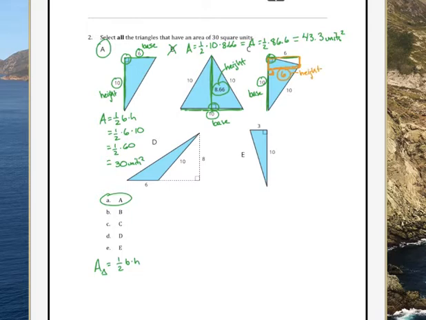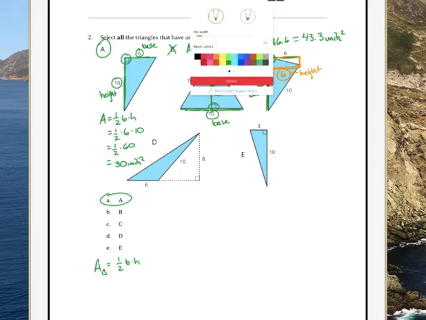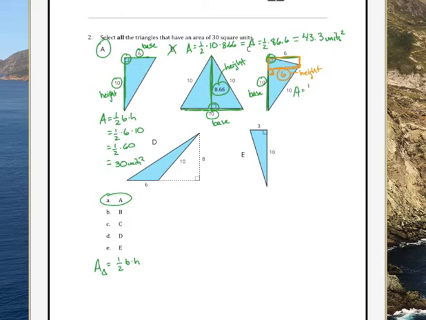Kind of crazy. This one's a hard one. So then I can say, area equals 1/2 my base, which was 10, times my height, which is 6. And I get 1/2 of 60, which is 30 units squared. So this one works as well. So I'll circle C.